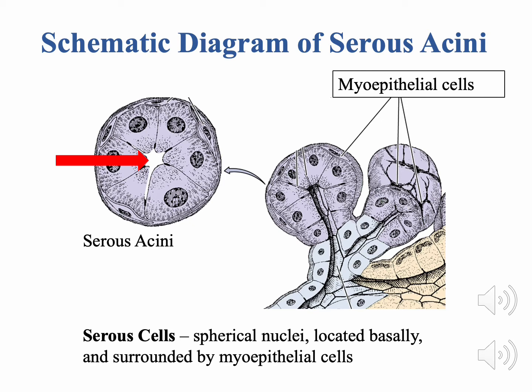And this lumen is fairly small, as you can see highlighted by the red arrow in this slide. Studying the surface of the serous acini, we will find myoepithelial cells, and this is fairly common to any of the acini units within salivary glands, and we'll review their function in a moment.